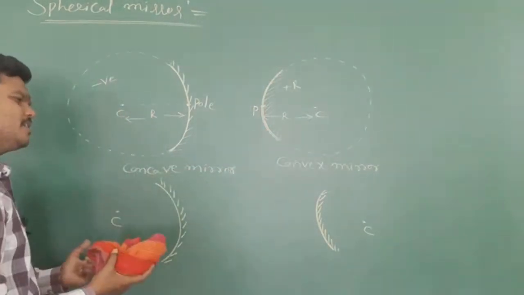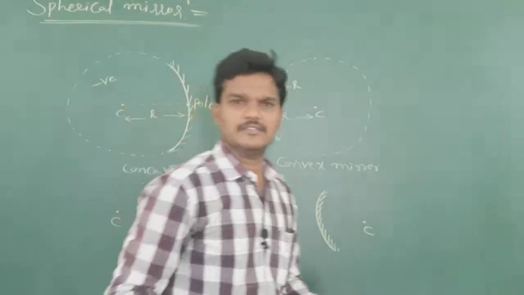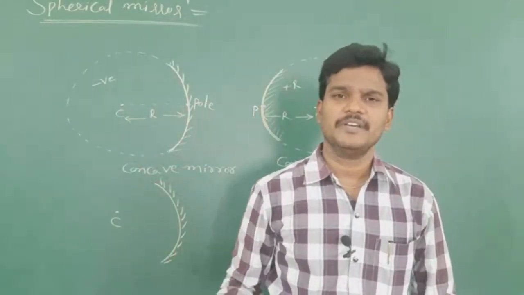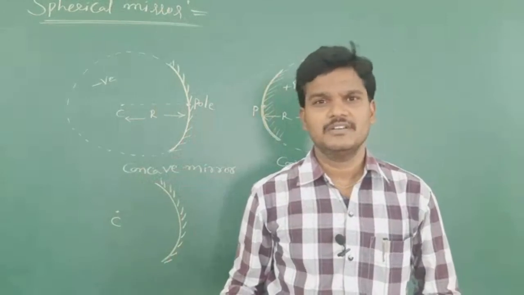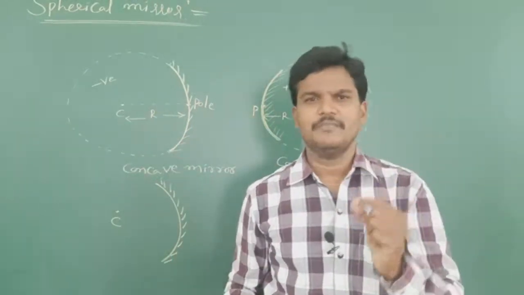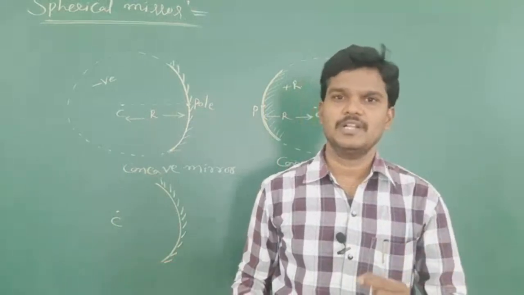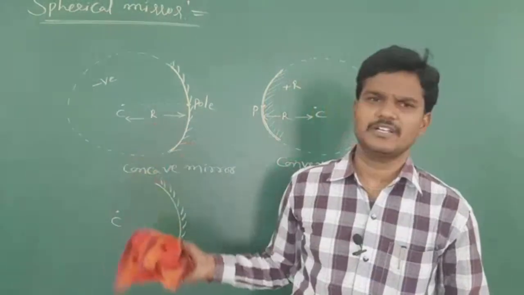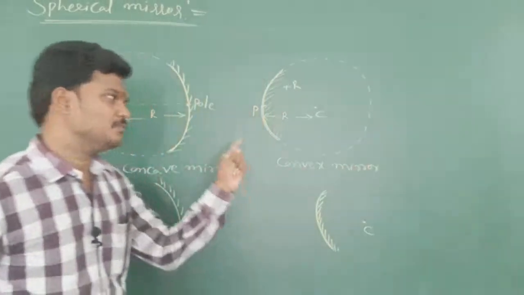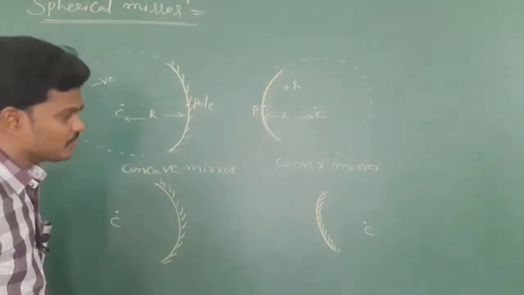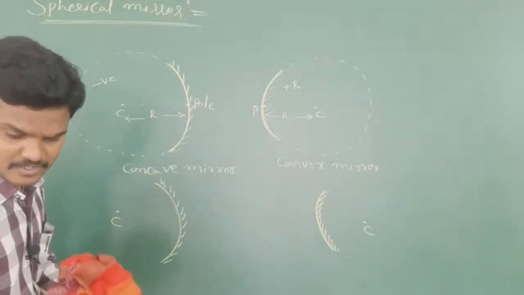These concave and convex mirrors produce images. Sometimes they may produce a real image, an enlarged image, a diminished or small image. Maybe they may produce a virtual image. At different situations they will produce different natures of images. So let me continue all those things in detail. So draw this one.